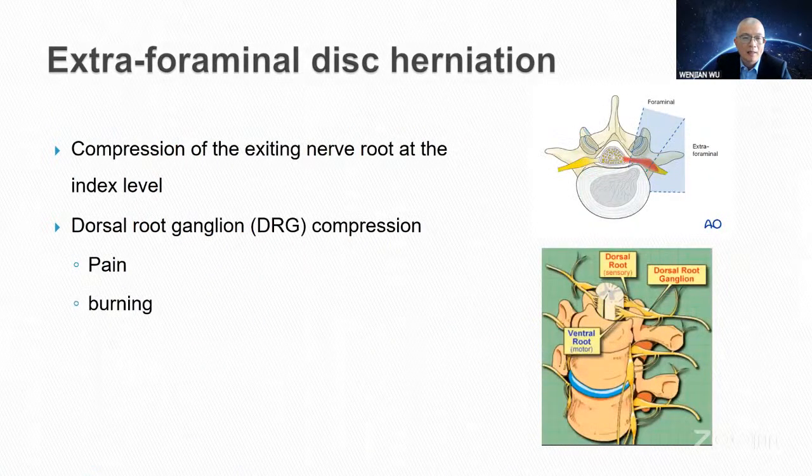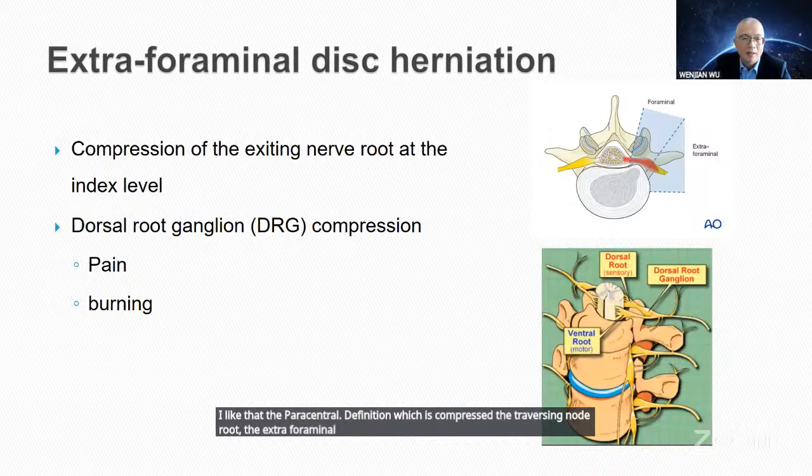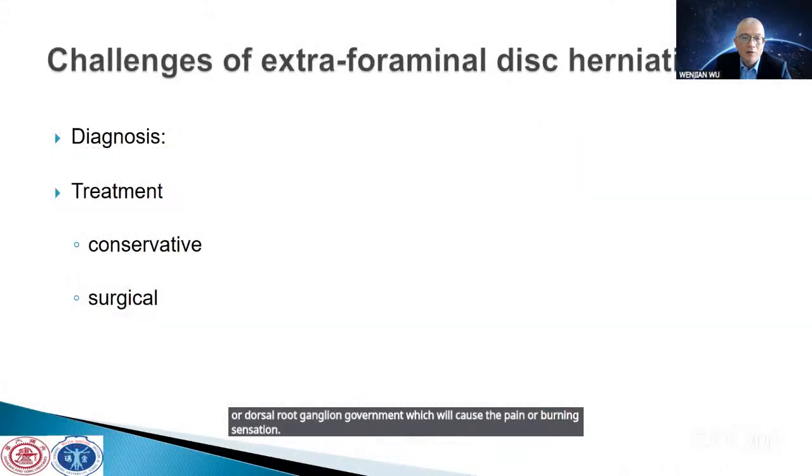Unlike paracentral herniation, which compresses the traversing nerve root, extraforaminal disc herniation causes compression of the exiting nerve root or dorsal root ganglion, which will cause pain or a burning sensation.